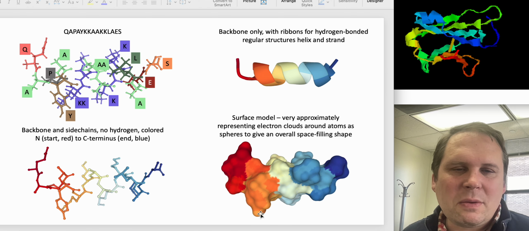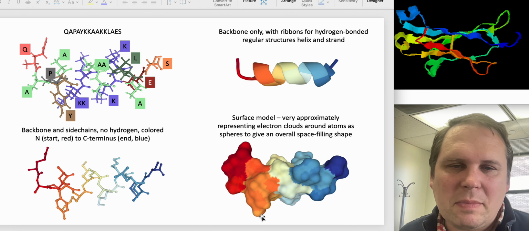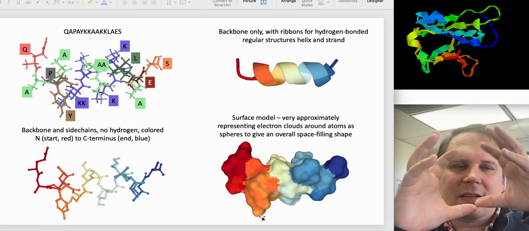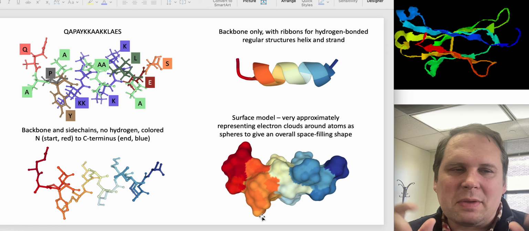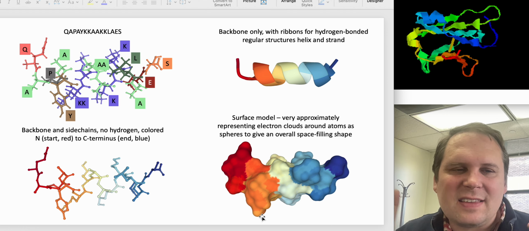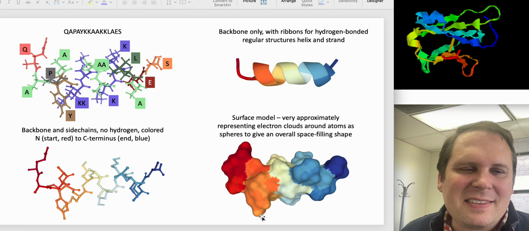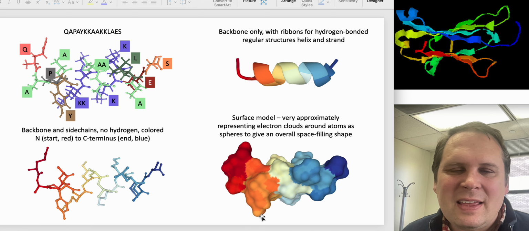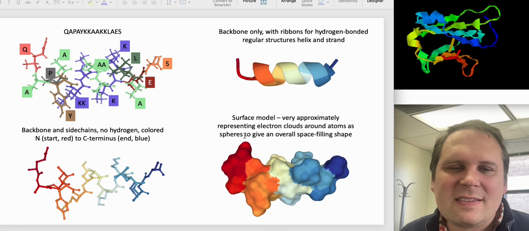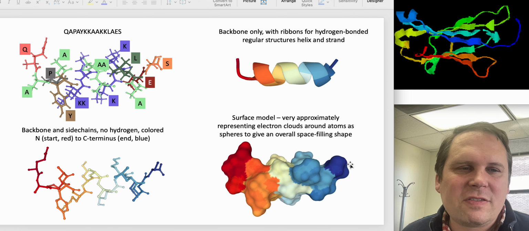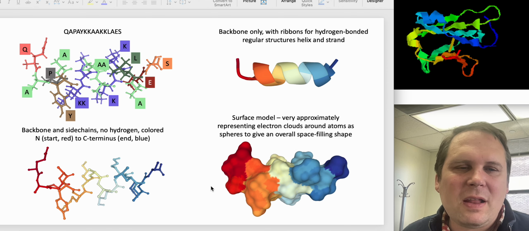Down here is a thing that we can call a space-filling model. So this is imagining a little sphere around every atom, and you can think of that as the farthest extent that its electrons are allowed to go. It's not as precise as that, but that's reasonable. And so this is the outer surface shape of the molecule.